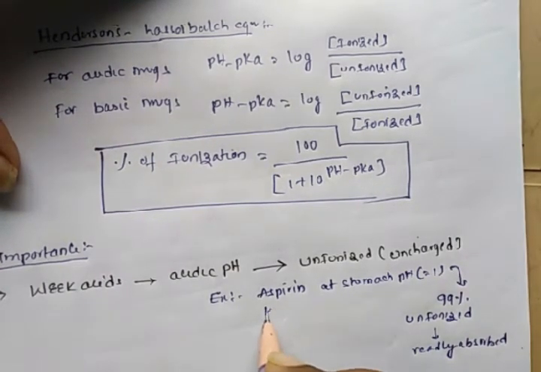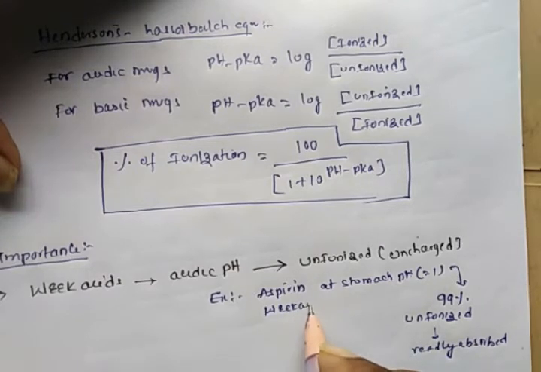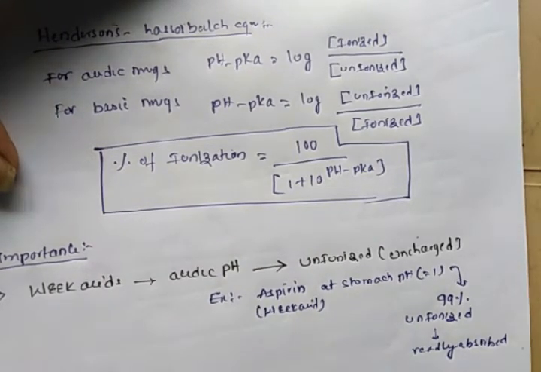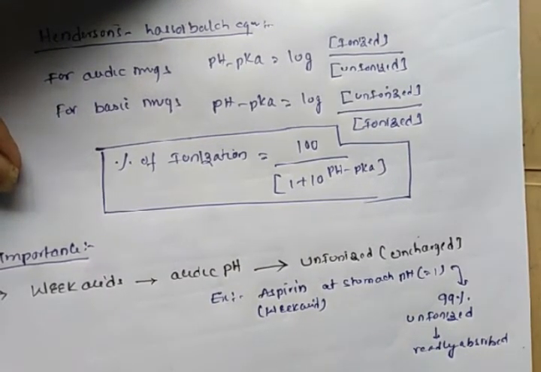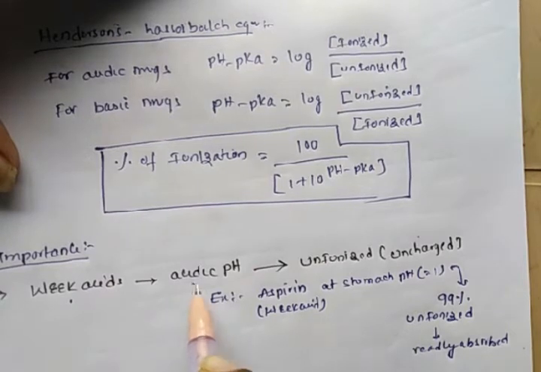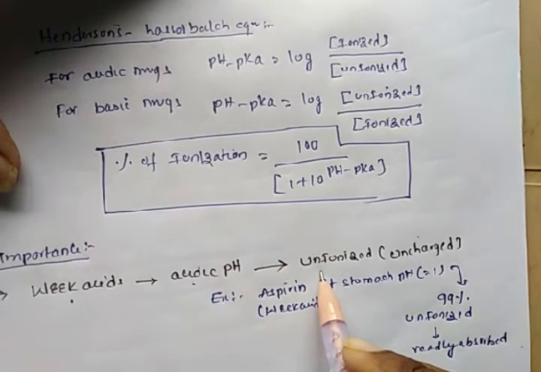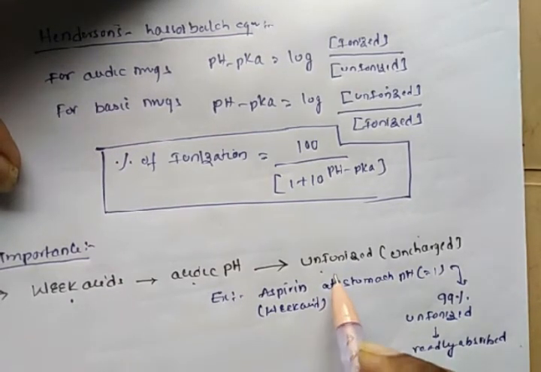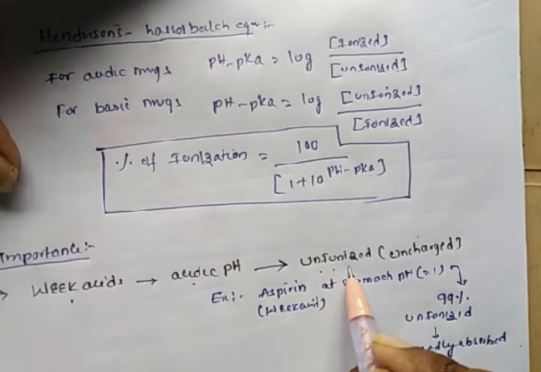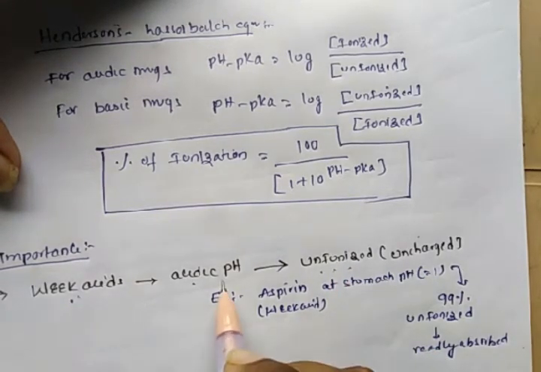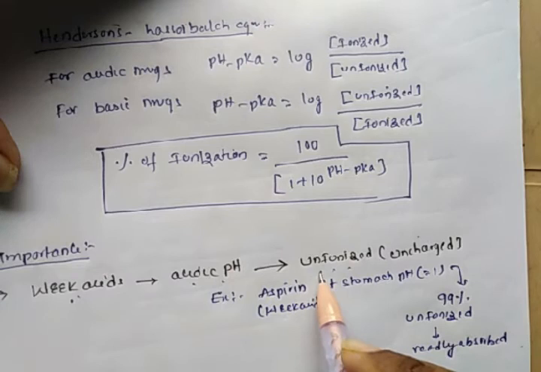So aspirin is a weak acid. Whenever we take aspirin, it reaches the stomach, and the pH of the stomach is 1. So a weak acid in an acidic pH medium doesn't undergo ionization, so it exists in unionized form.